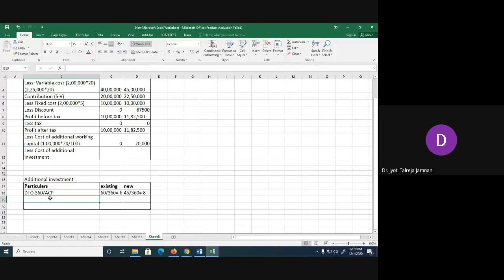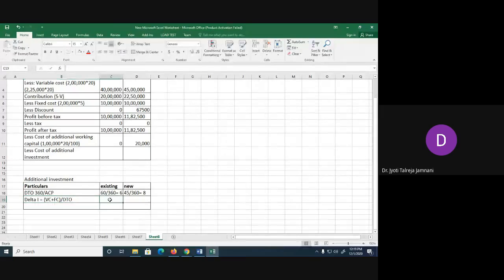Now the formula is cost divided by debtors turnover ratio, or we also call it as variable cost plus fixed cost divided by debtors turnover ratio.